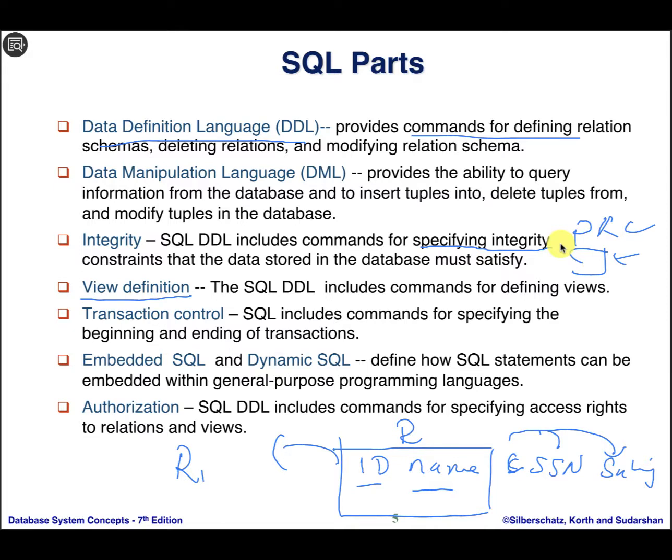You can specify that this is the begin, like a block, and this is the end. At the end, you can specify whether you're going to commit or roll back. Either you reflect the changes that have been done within this block, with these commands, or you ignore all of them and undo whatever we have done in this part. We're going to cover this and see how you can perform that. But SQL allows us to perform that. We can show you some commands which allow you to perform this.